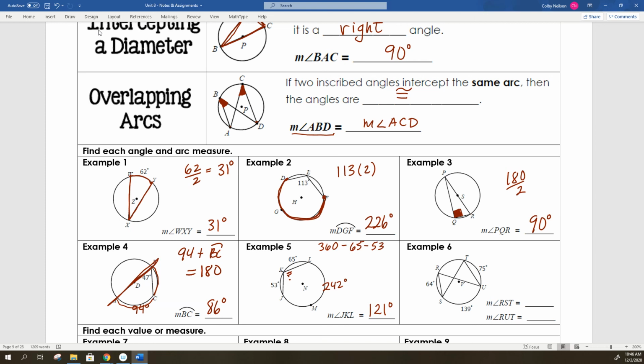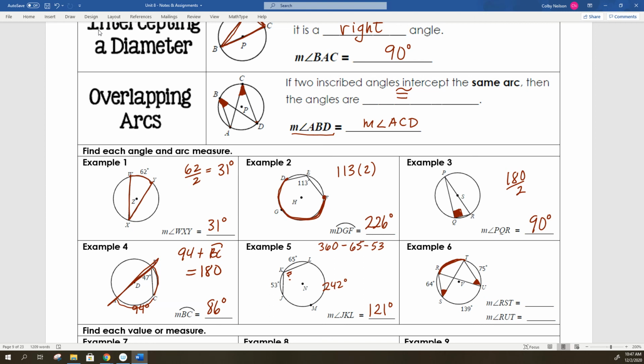So some of these have a little more work than others, but let's see what we have here. RST is this angle, and RUT, oh, we want those two angles. What do you know about those two angles? They're equal. Equivalent. Right? They go with this arc, R to T, both of those. So we need to find the arc RT, and then we can find the angles. So what do we know?